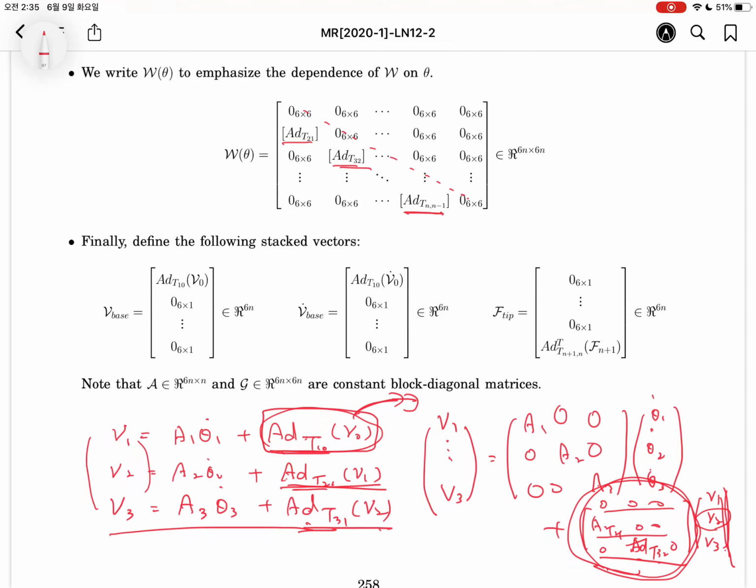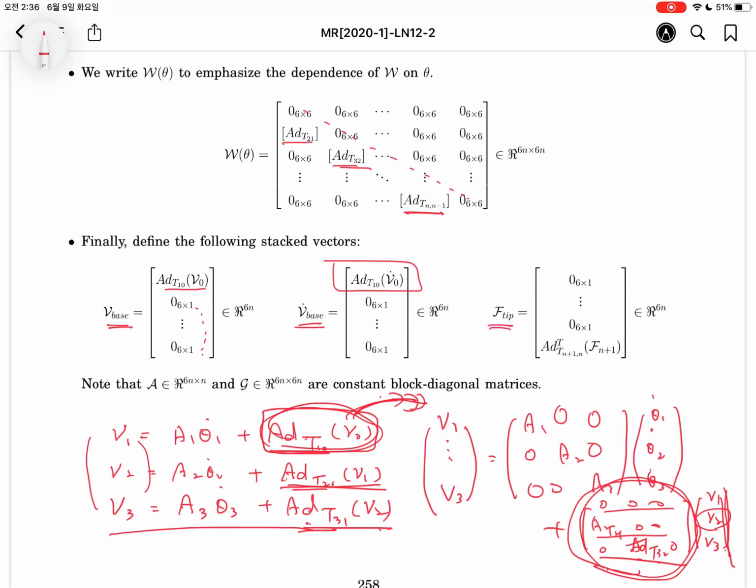And the initial condition, this part is separated, so it is stacked in the V base. The first 6 elements are non-zero, but the remaining terms are 0. And with that base, it has the gravity vector in here. The remaining terms are 0.